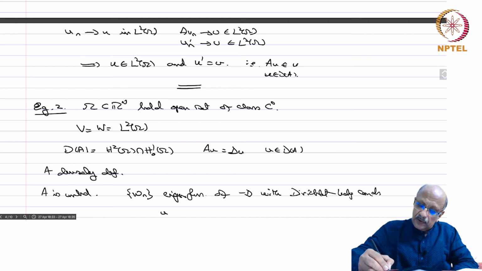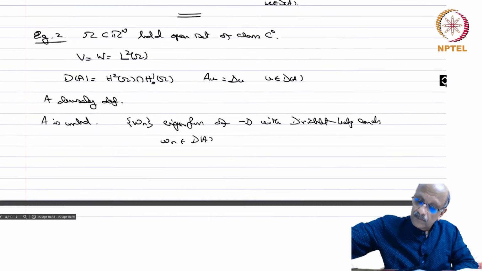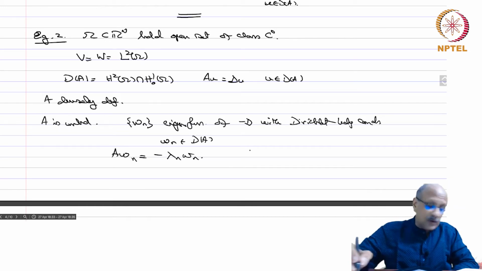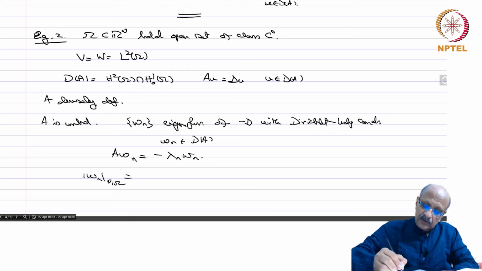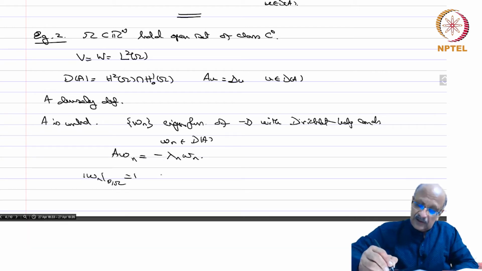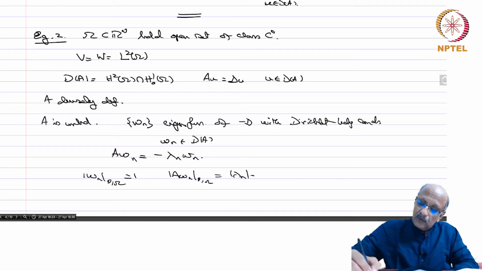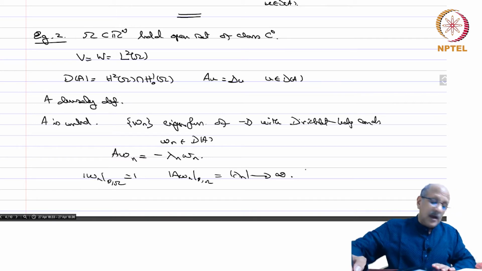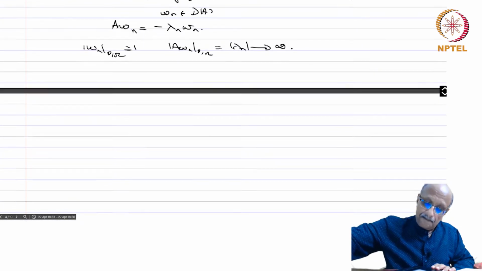That means Wn belongs to D of A automatically. And what is A of Wn? It is minus lambda n Wn, the corresponding eigenvalue. Now, the norm of Wn in L2 of omega is equal to 1, since these are normalized eigenfunctions, whereas the norm of AWn is lambda n, and we know that that goes to infinity, and therefore this is clearly an unbounded operator.